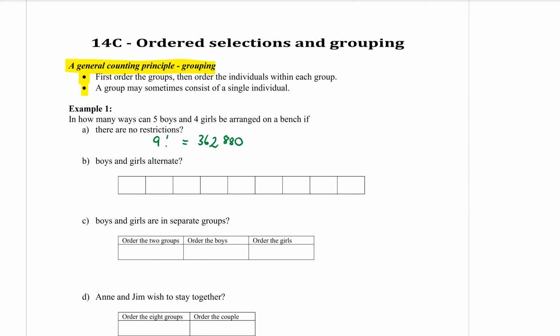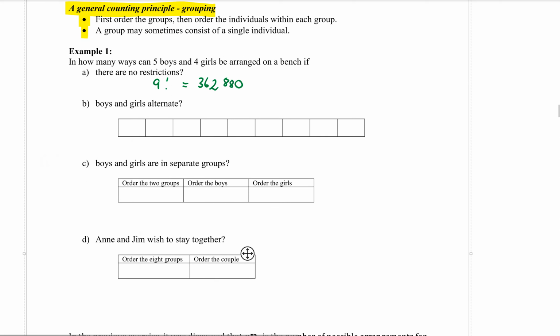Now, the reason I mentioned the boys and the girls is because of the other questions that are coming up. Part B says the boys and the girls are going to alternate. There are 5 boys and 4 girls, so there are more boys than girls. What am I going to have to start with to make them alternate? Boys. The boys have to be at the ends so that the girls can be in between.